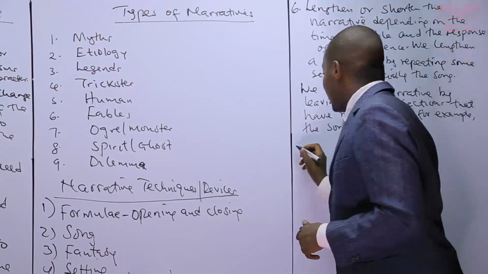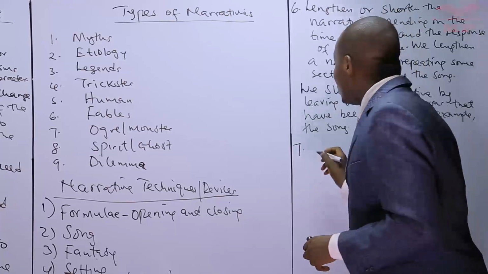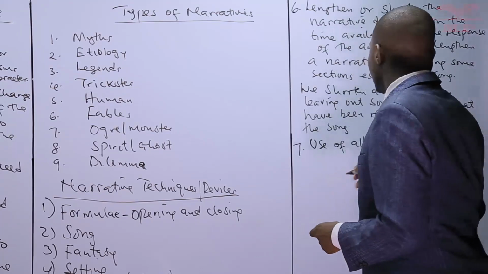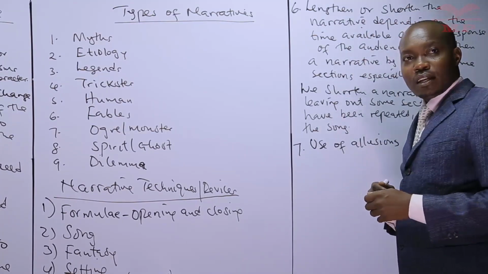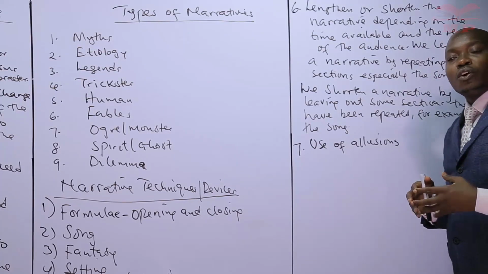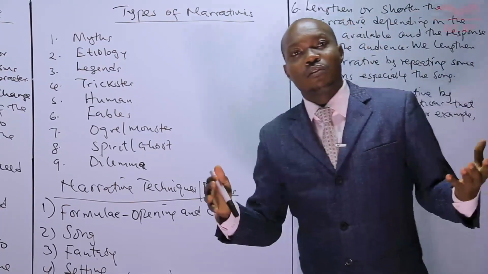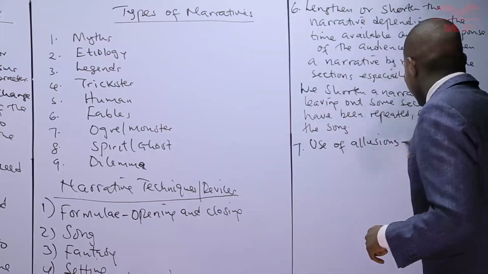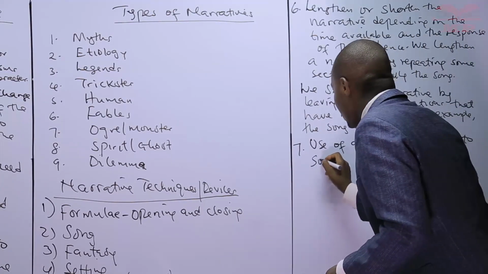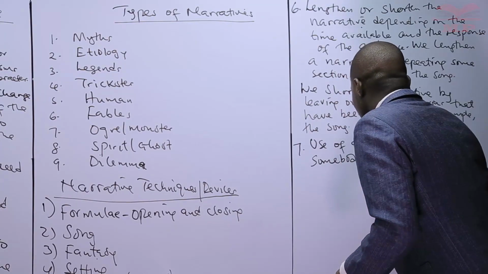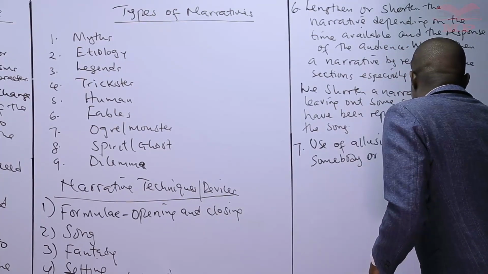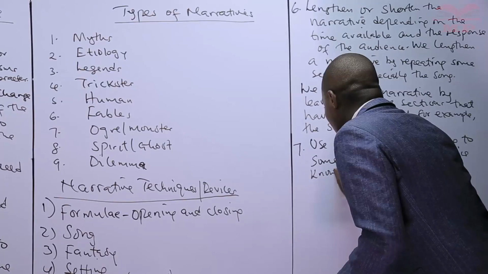The next, students, is what is called use of allusions. What is an allusion? An allusion is referring to somebody or something that is known by the audience.